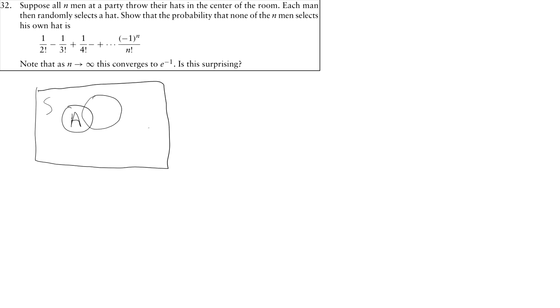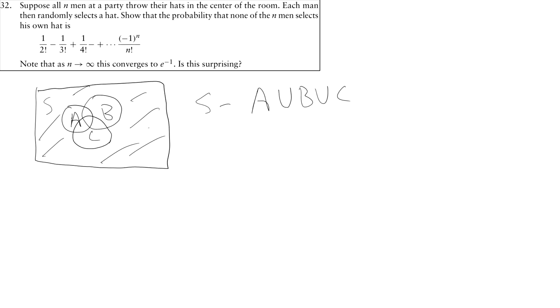This is the probability that person B is picking his hat correctly. This is the probability that person C is picking his hat correctly. So what is the probability that none of them are picking correctly? That is this portion, that is S minus A union B union C, right?